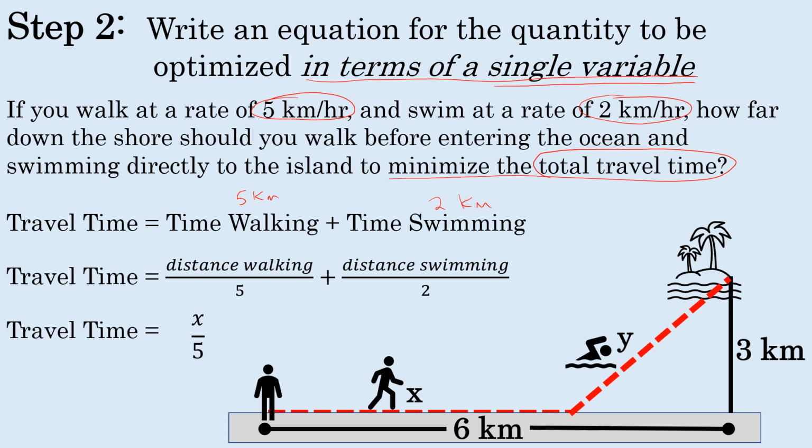If I describe the distance spent swimming as y, distance swimming divided by 2 could be expressed as y over 2. So this is an equation that describes the quantity to be optimized. This is an equation that describes total travel time. However, it's not yet in terms of a single variable. We'll have to do a little bit more work to accomplish that.